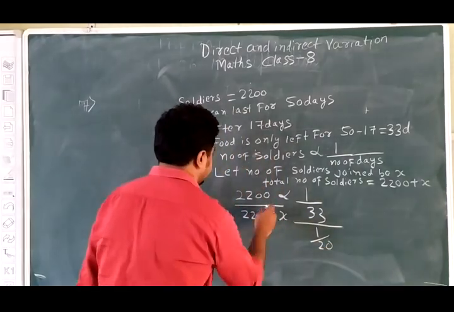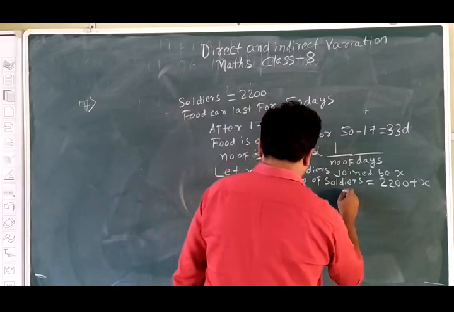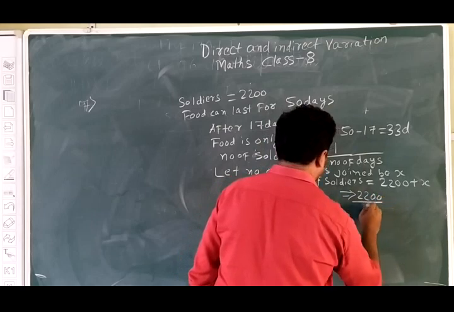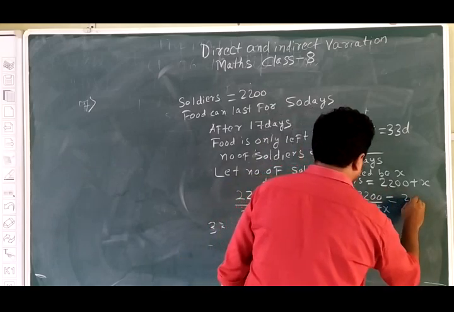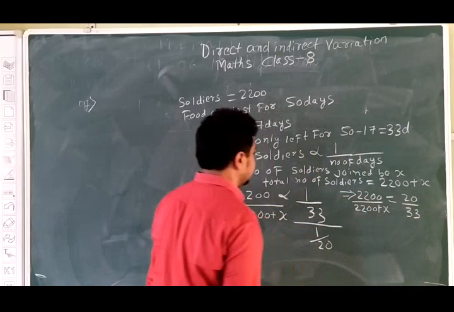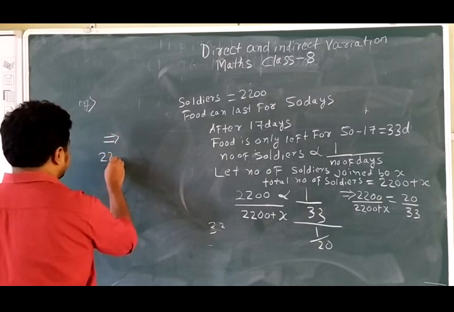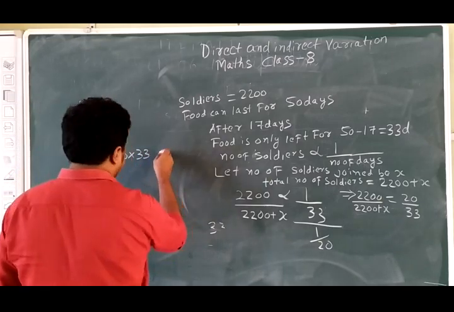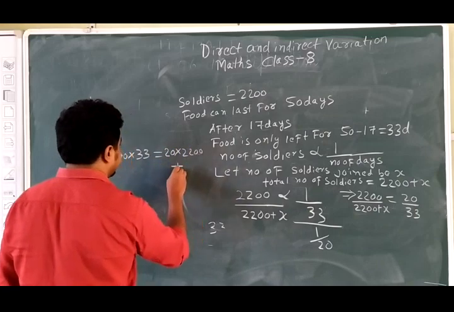So from here you can write 2200 by 2200 plus x will be equal to 20 by 33. So this is the term we are getting from here. Now from here we can find 2200 into 33 will be equal to 20 into 2200 plus 20x.